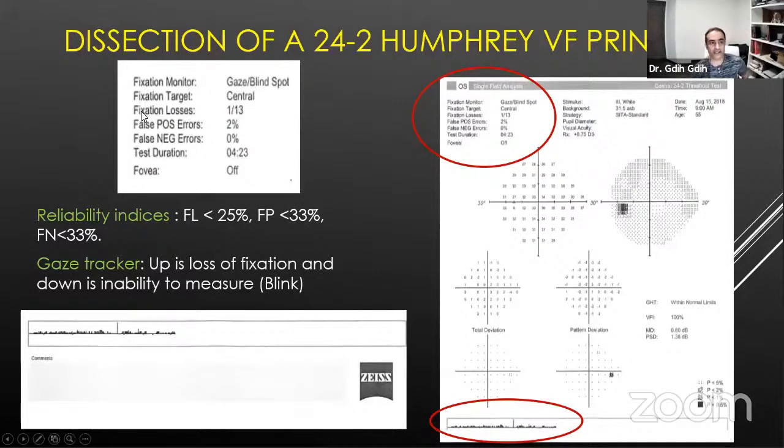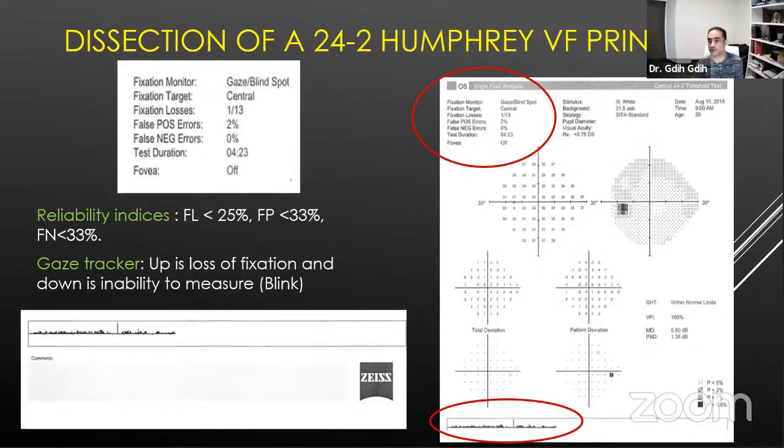First of all, the fixation losses. To have a reliable field, we should not have more than 25% fixation losses. And what does fixation loss mean? When does the machine put a number there saying the patient lost fixation?